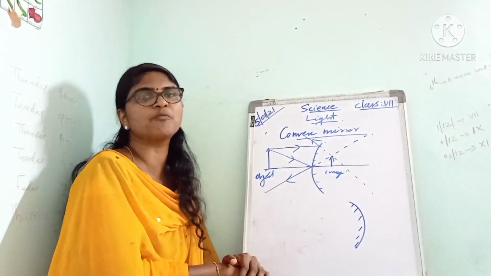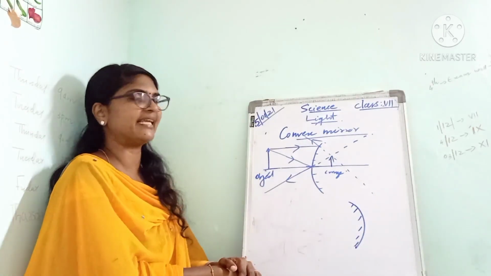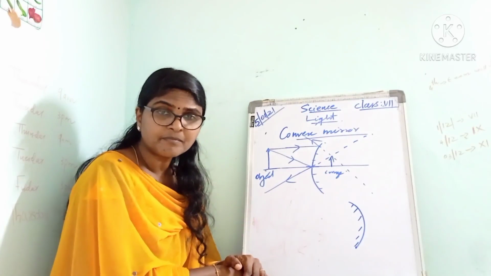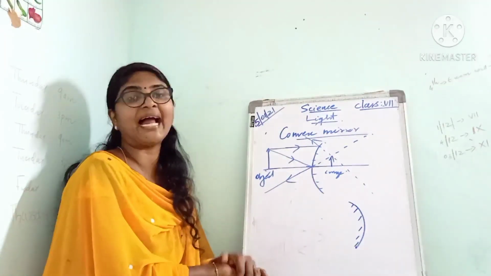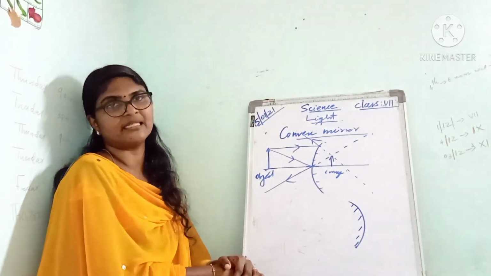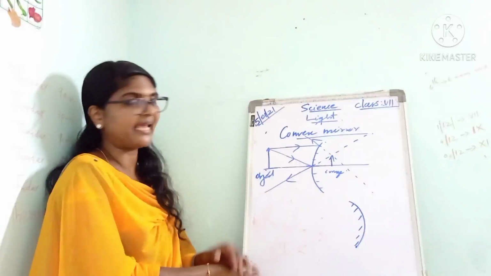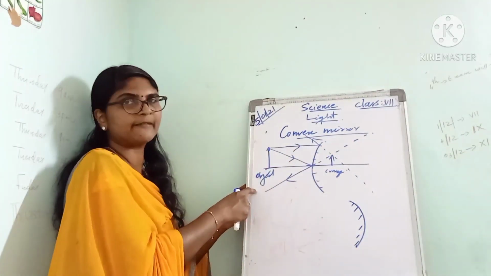The image produced by a convex mirror is not formed by the actual reflected rays. Here we can see the image formation of a convex mirror. This is the convex mirror and we can place the object here.